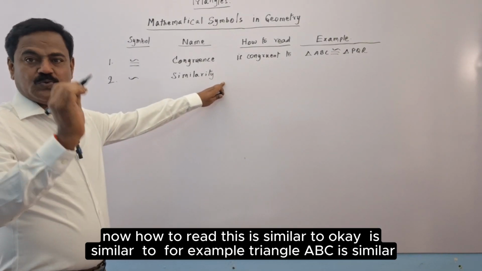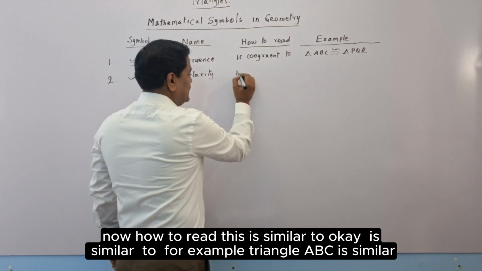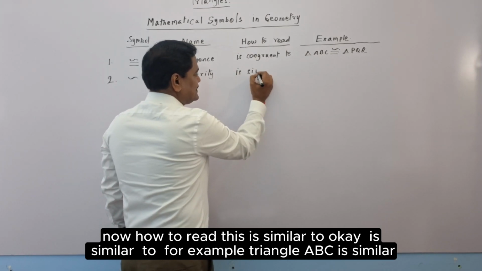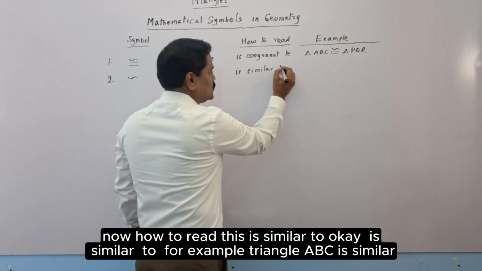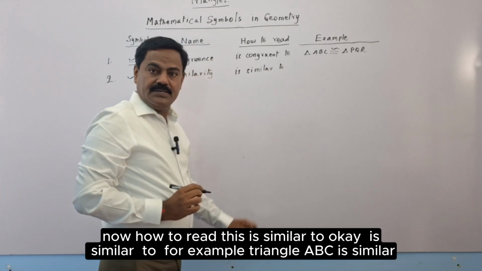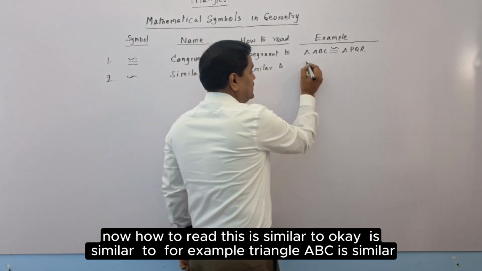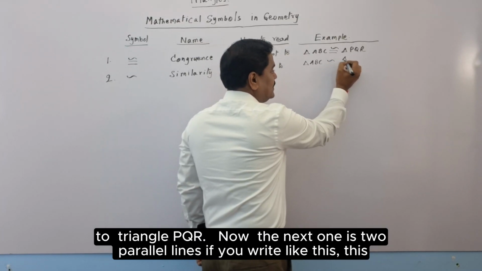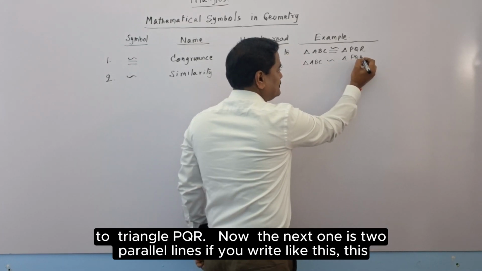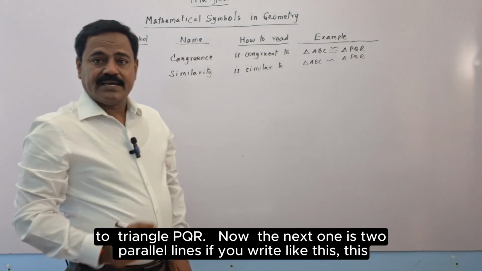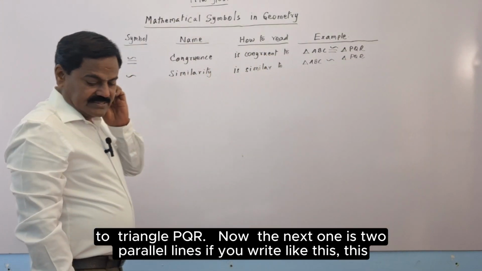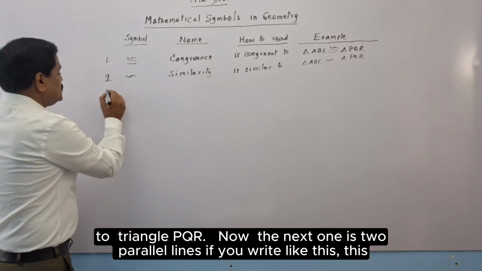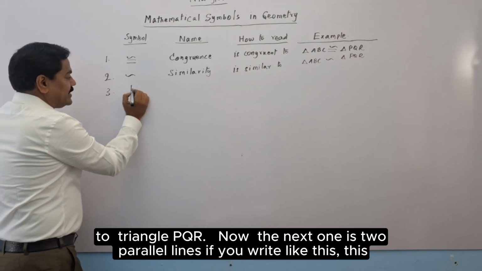Is similar to. For example, triangle ABC is similar to triangle PQR. Clear, students? Now the next one is two parallel lines.